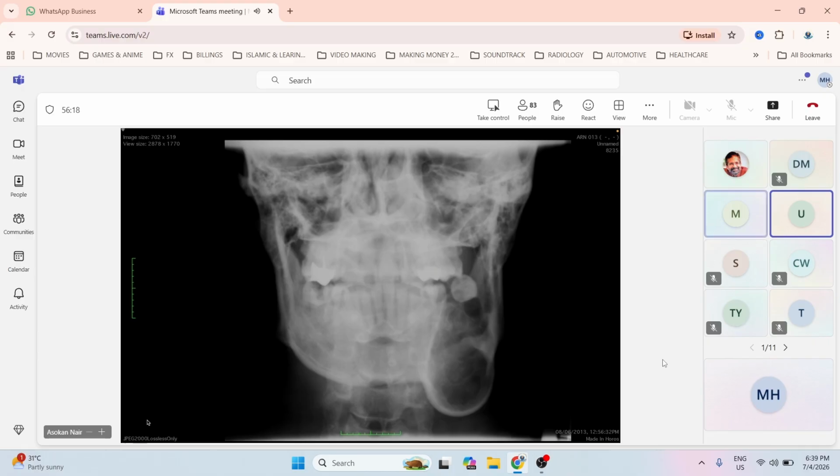I can see adjacent to it there is a tooth, but otherwise I cannot appreciate any obvious periosteal reaction. The rest of the bone seems to be preserved with no evidence of fracture.